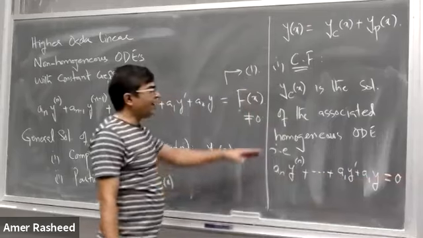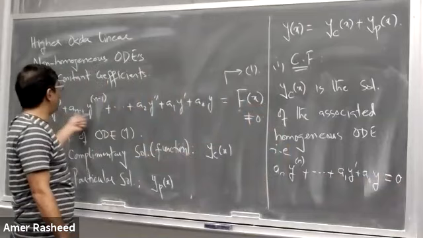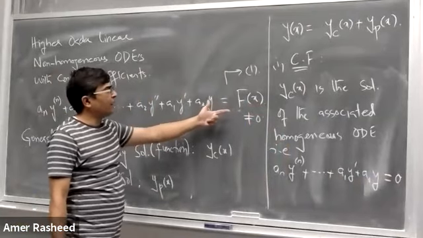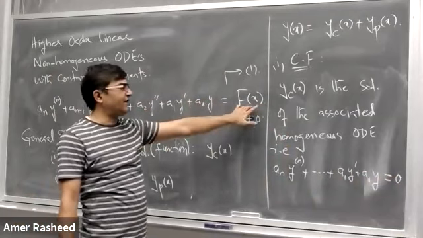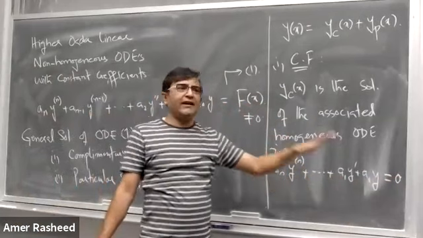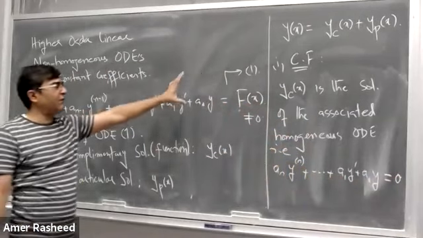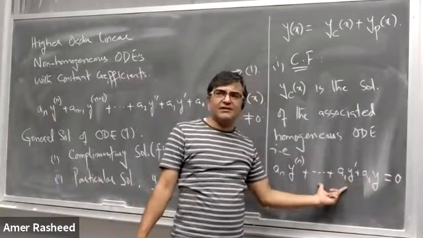We write the corresponding or associated homogeneous equation, exactly the same equation except we put the right-hand side equal to 0, and then find the solution of this differential equation.